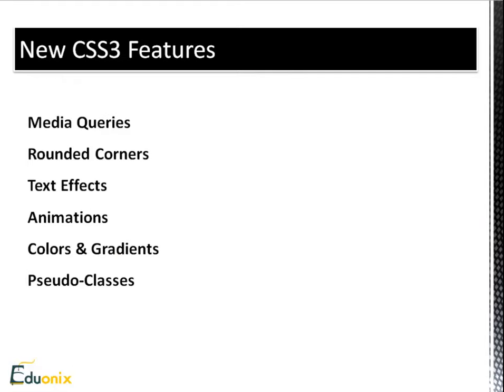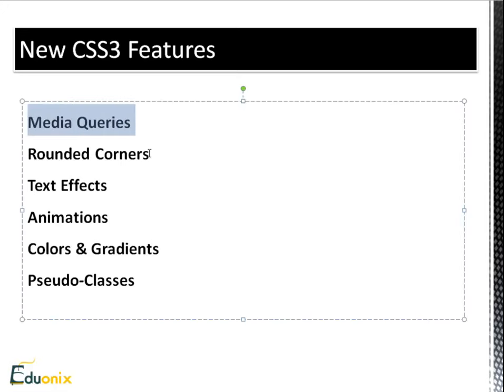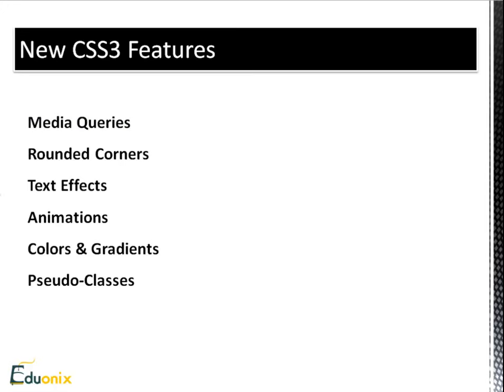So CSS3 gives us a bunch of new features. We're not going to go through too many of these in the lessons or in the code that we create, but I'll just go through some of the important popular features. The first is media queries, and media queries are great because they allow us to have fully responsive designs or responsive templates.